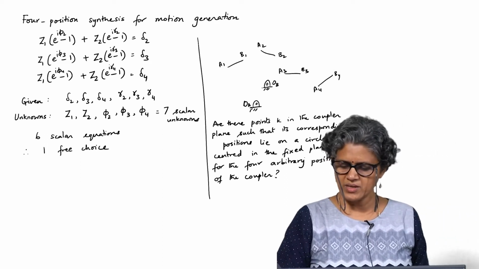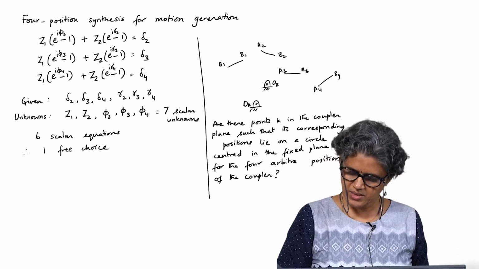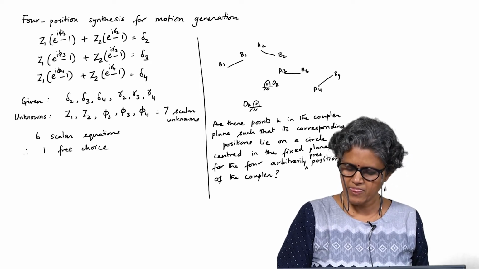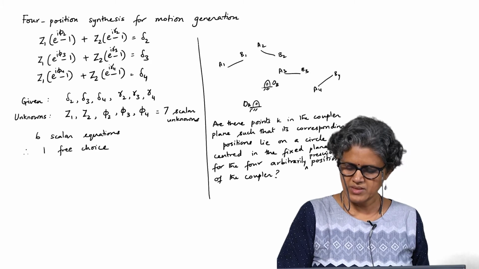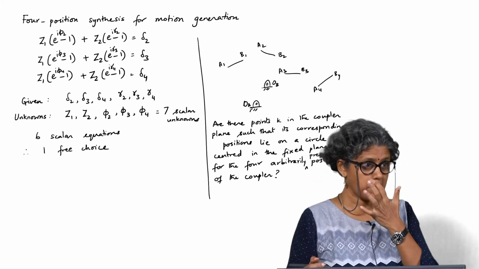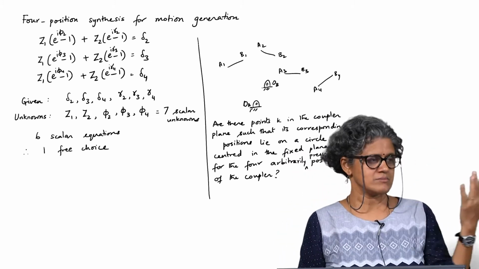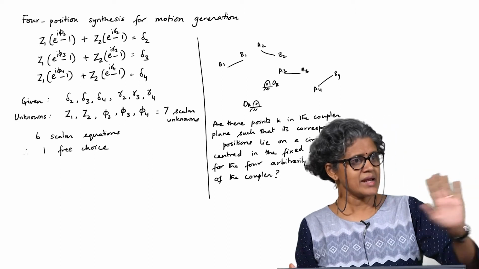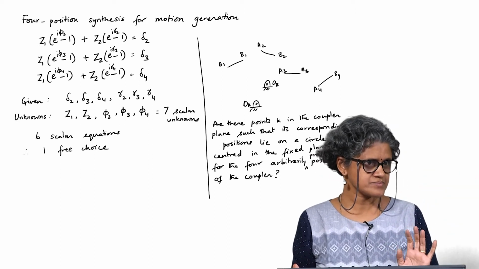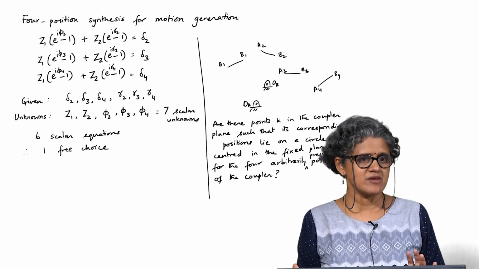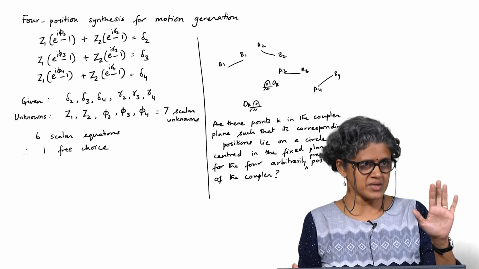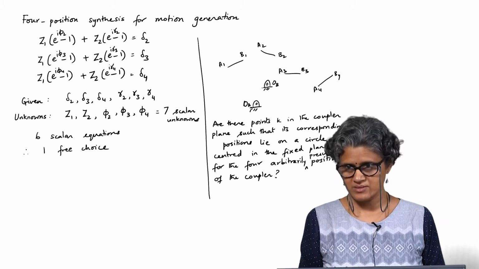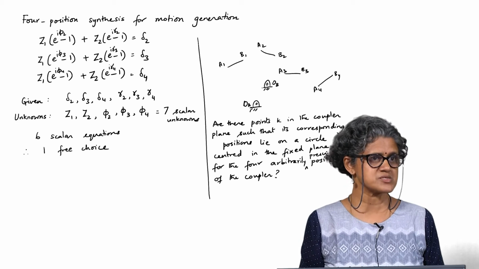For arbitrarily prescribed positions, that is my design condition. I give 4 positions based on some other criteria, but can I now find points on the coupler such that they would still lie on a circle centered in the fixed plane.